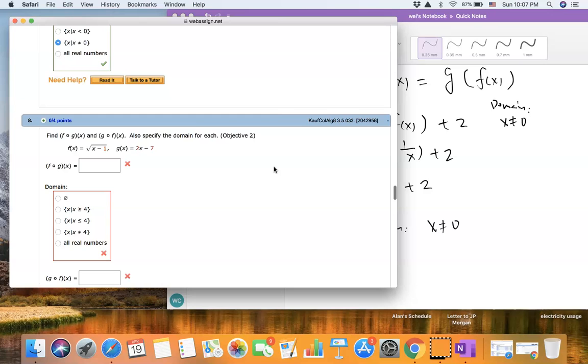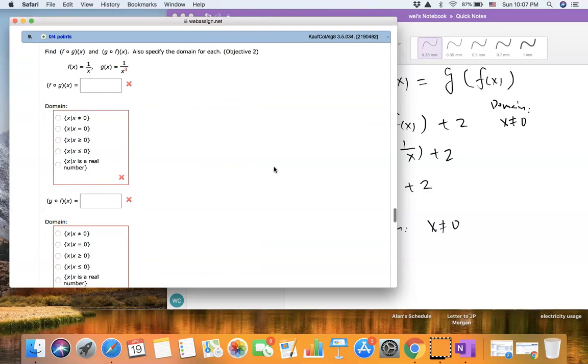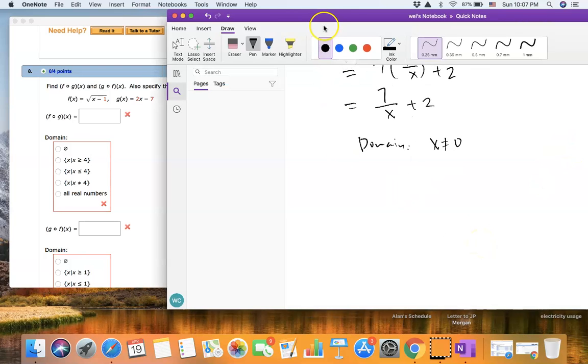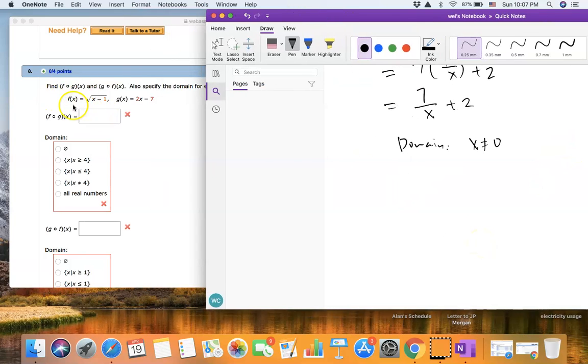All right. Now let me do number 8. f(x) is the square root of x minus 1 and g(x) equals 2x minus 7. So the first composite function we are asked to find is f of g(x).